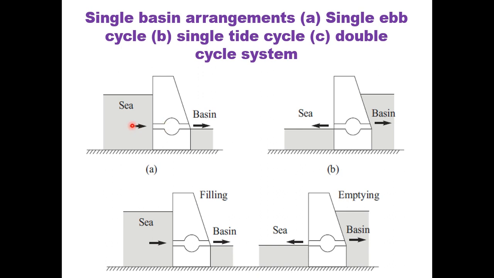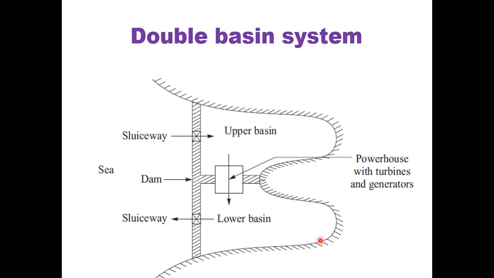It means in the ebb cycle, the basin will start filling up, and during the single tidal cycle the basin will remain filled, but the sea water will try to push this water back into the sea. In the ultimate case, we have the filling and emptying concept of the double cycle scheme. There is one more option, the double basin scheme, that was covered in the previous slide.